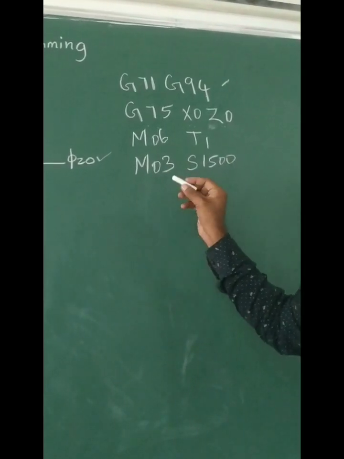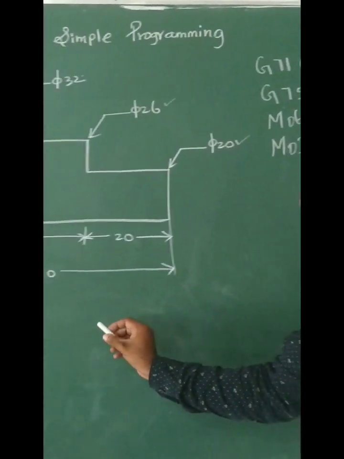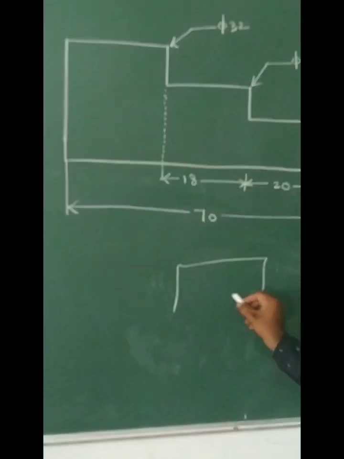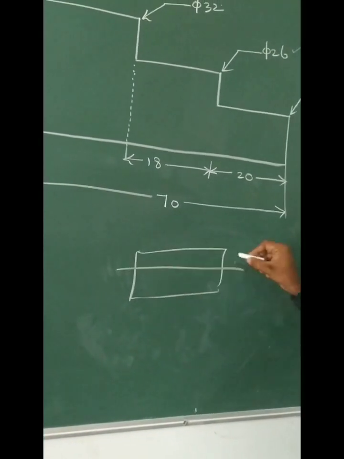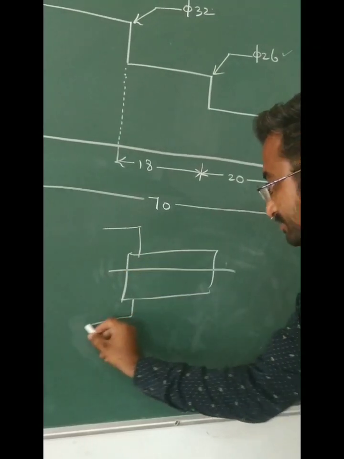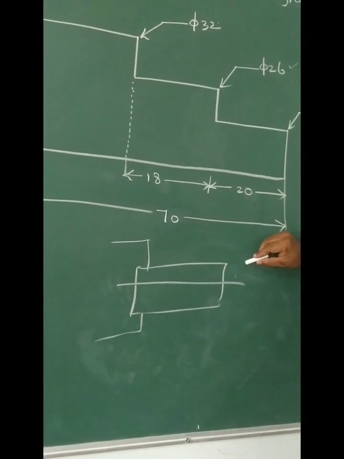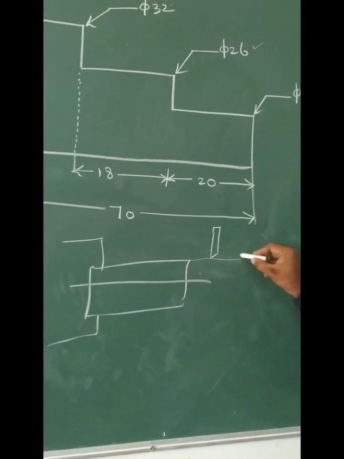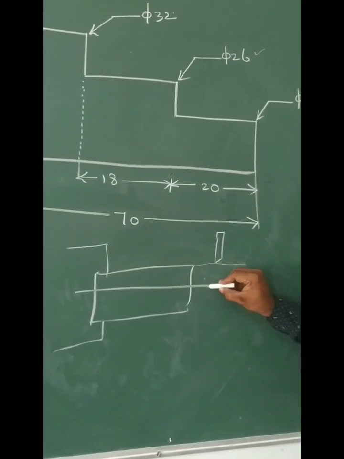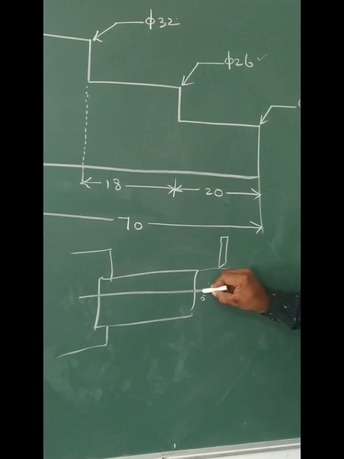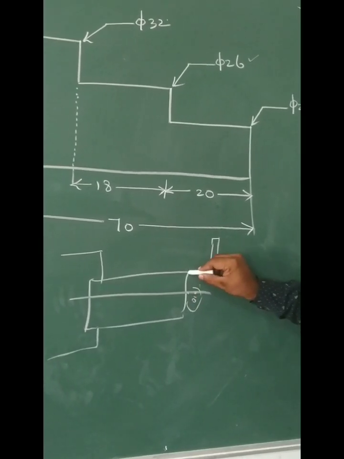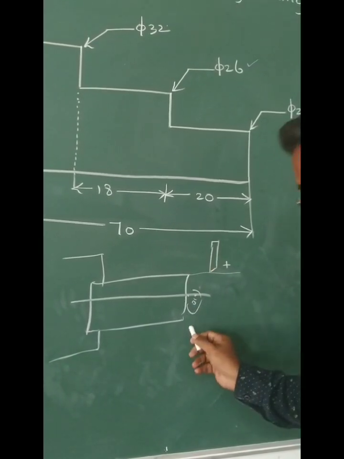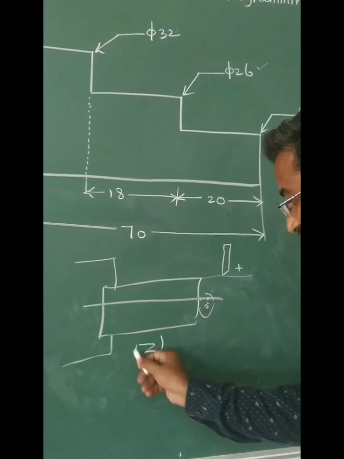Now we have to position the tool. For example, this is the workpiece, fixed on the spindle. I am going to place the tool here. This is 0, 0. From this point, this is the X axis and this is the Z axis.